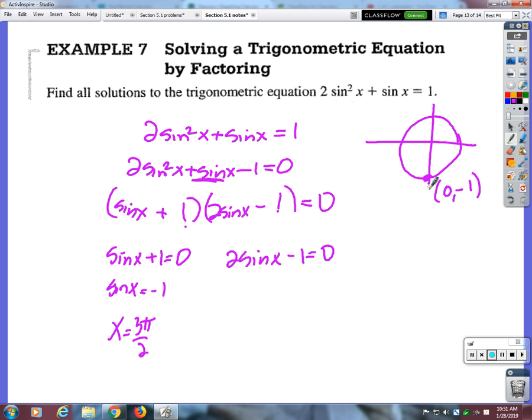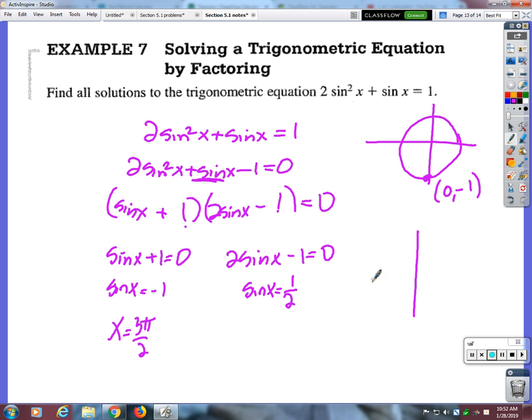Okay? All right, if 2 sine of x minus 1 equals 0, then in this case, sine of x has to equal what? 1/2. Because you add 1 and then divide by 2. Okay? So that is not something that I can necessarily find by looking at this. Again, if you want to look at your circle chart, you can.